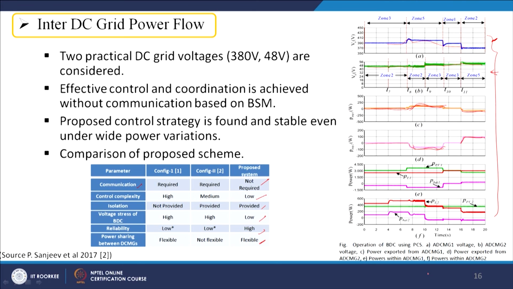And finally, we can see the power within microgrid 1 as well as within microgrid 2. We can see the load characteristic, the PV characteristic and the battery characteristics. So, within the microgrids the power output of the battery, load and PV can be seen, and a power exchange between these two grids is possible without violating much of the voltage requirements at 380 and 48 volts.